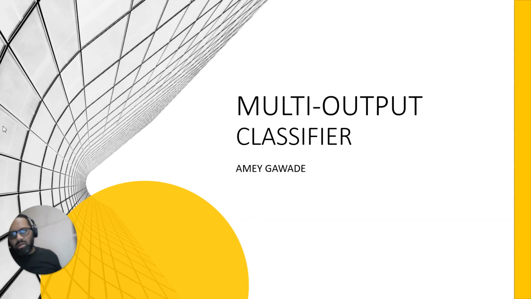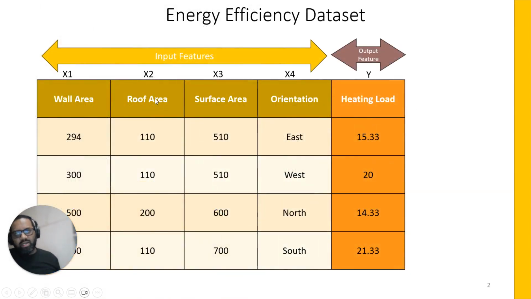So consider we have a data set related to energy efficiency where some of the input features related to a building will give you an output feature related to heating load. Consider you have an X1 feature which is wall area, X2 feature which is roof area, X3 feature which is surface area.